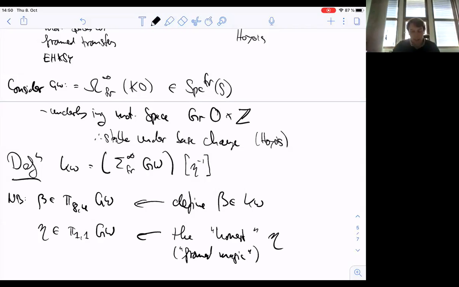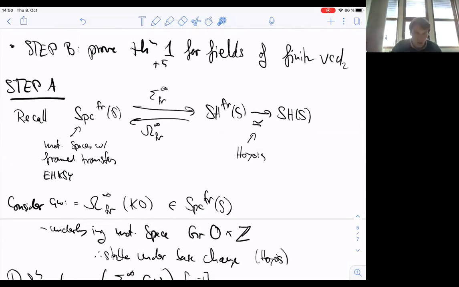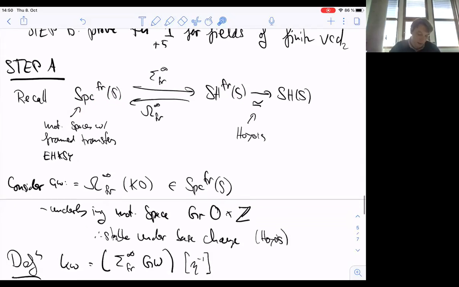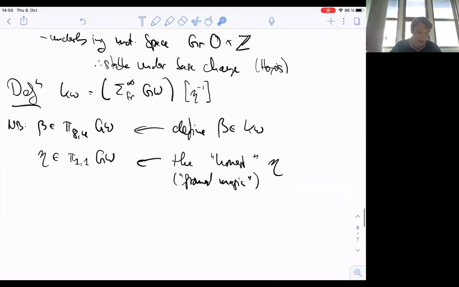It's less magical if you remember that over a perfect field, this functor here is basically just a group completion. So it's fully faithful on group-like objects, right? So there was an eta here, and so there had to be an eta in my GW because it is group-like. Over a general base, this argument doesn't work, but you can still check that this eta somehow suspends the correct thing.